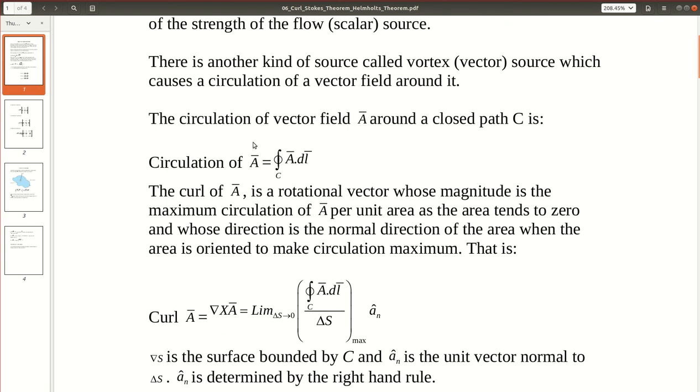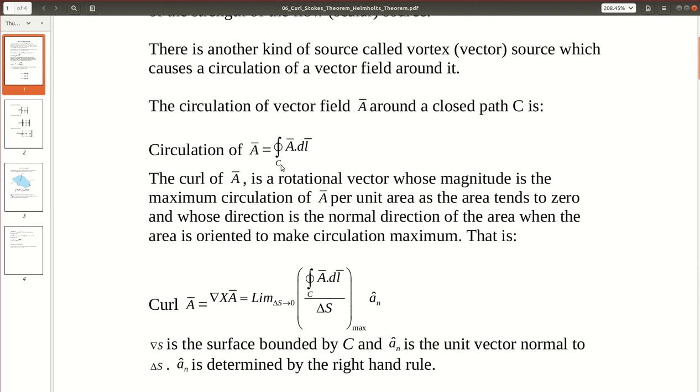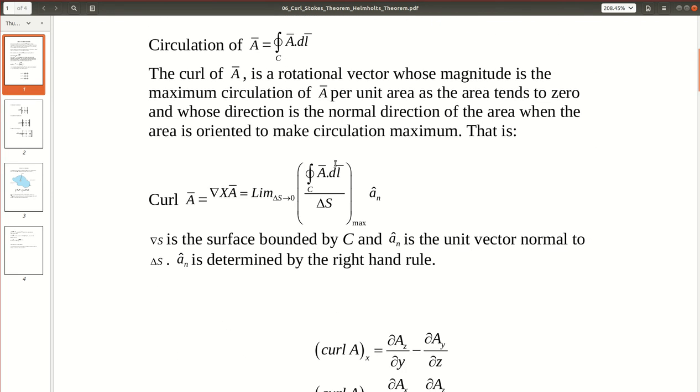The circulation of A means you take the circular integral of A dot dL over a closed path. Now the curl, you take this circulation over the delta S. It's a rotational vector, so it's giving you a vector.